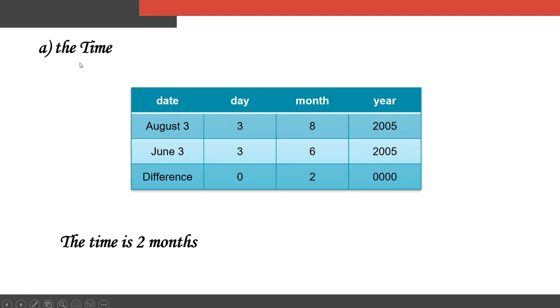At the beginning, we must calculate the time from June 3, 2005 to August 3, 2005. So 3 minus 3 equals 0, 8 minus 6 equals 2, and 2005 minus 2005 equals 0. So we have 2 months.